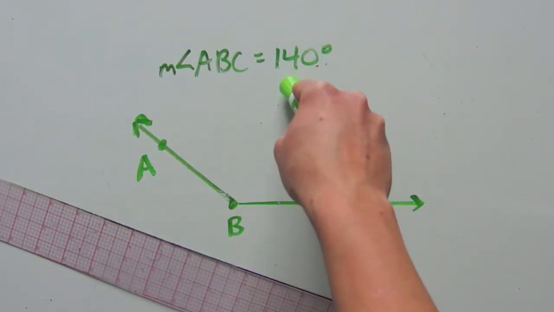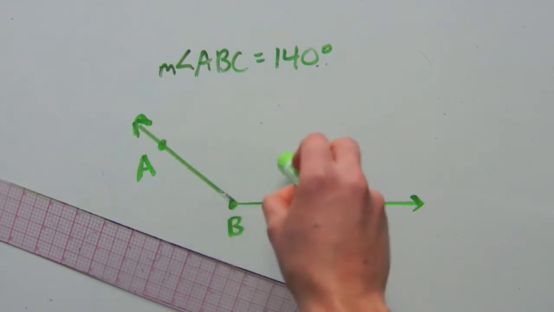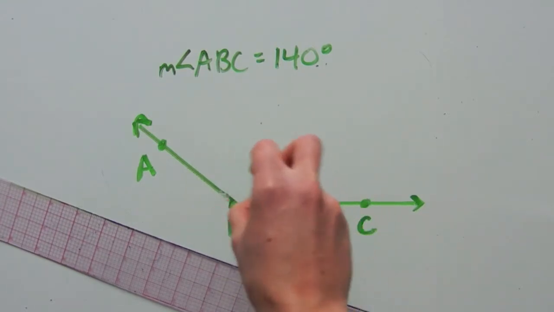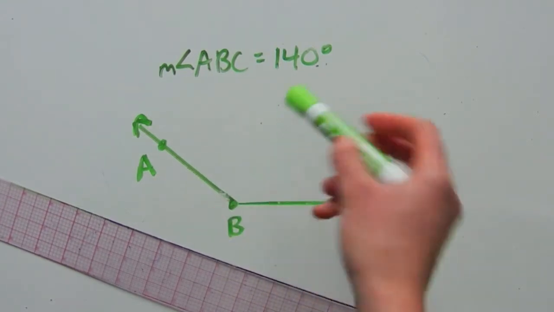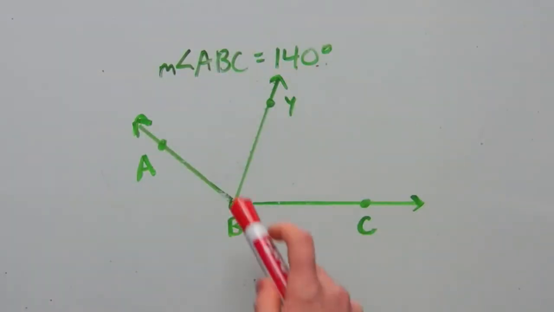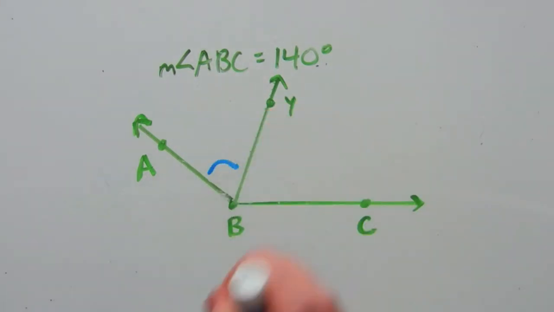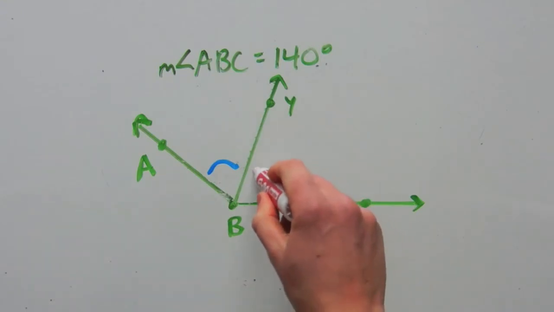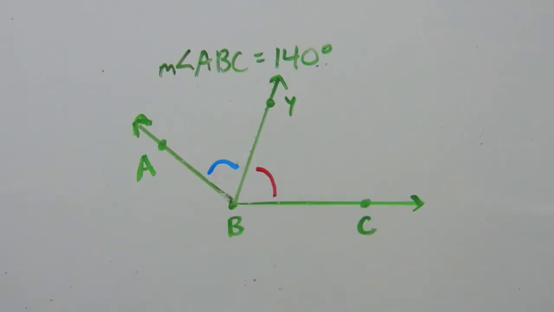Looking at this, for two angles to be congruent, they have to be the same measurement. Thinking about this mathematically, that would mean that this angle ABY being congruent to YBC are the same number.